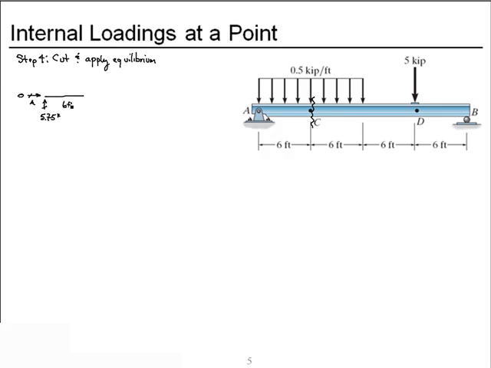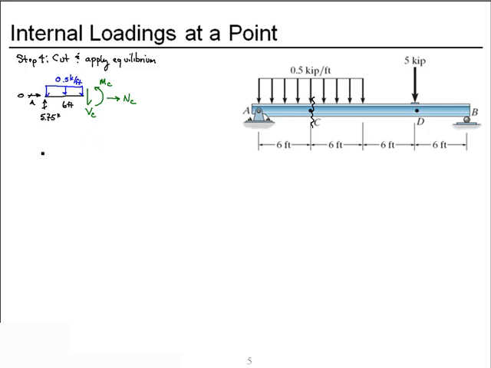It is a 6-foot long piece. We have our unknown shear at point C, our unknown moment at point C, and our unknown normal force at point C. And we also have our distributed load of 1/2 kip per foot.